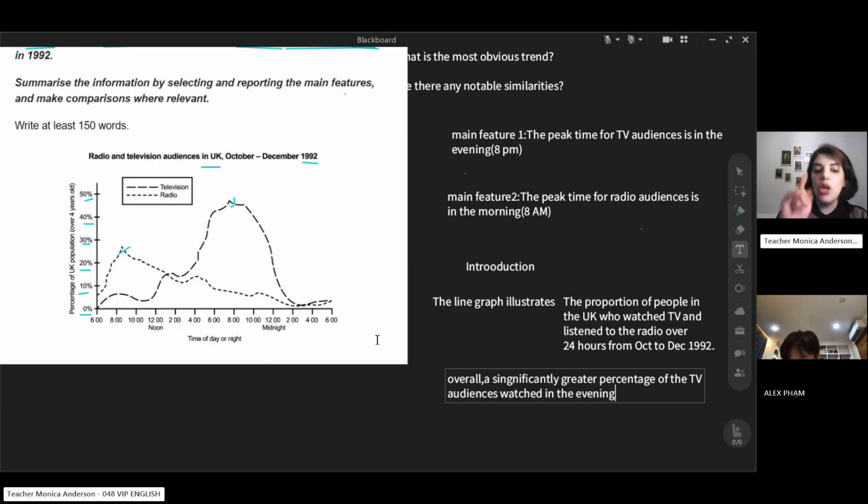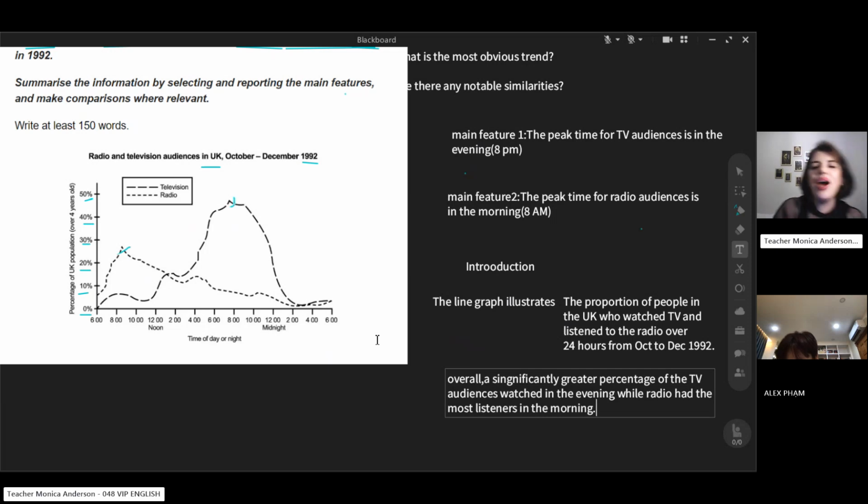And now we're going to talk about radio. While radio had the most listeners in the morning.